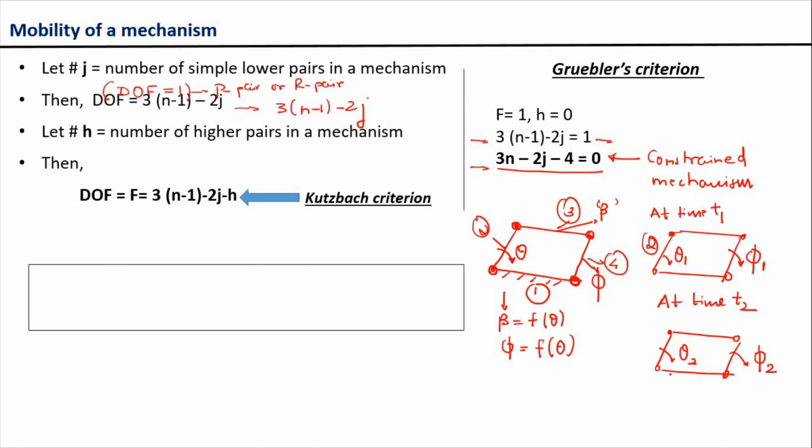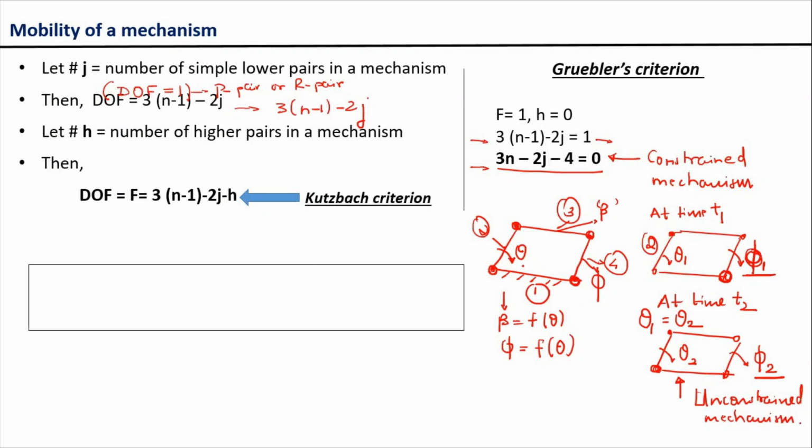Here you can see that even if we provide the same rotation to the input link, that is, even if we make theta 1 equal to theta 2, we obtain 2 different values for the rotation of the output link. One time we obtain a value phi 1, another time we obtain a value phi 2. So in such cases, the variable phi can take any arbitrary value for the rotation of the input link theta. That indicates that this mechanism is an unconstrained mechanism.